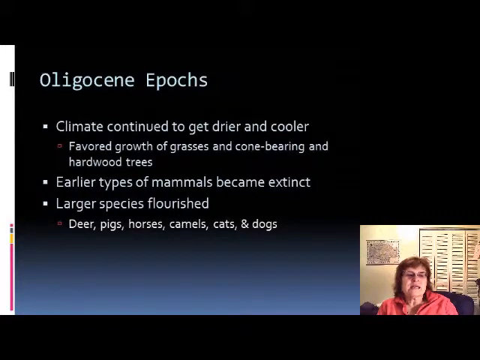During the Oligocene, the climate continued to get drier and cooler. So the grasses became more favorable, and there were a bunch of cone-bearing and hardwood trees. The earlier types of mammals became extinct, and larger species flourished as the climate got colder. We had deer, pigs, horses, camels, cats, and dogs.